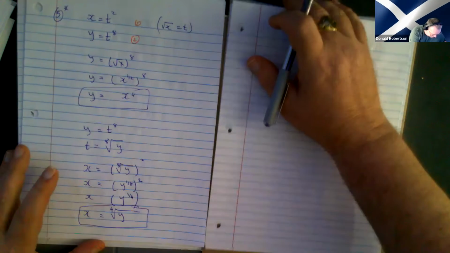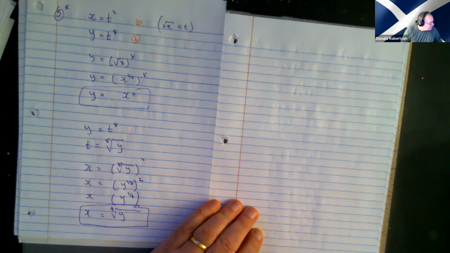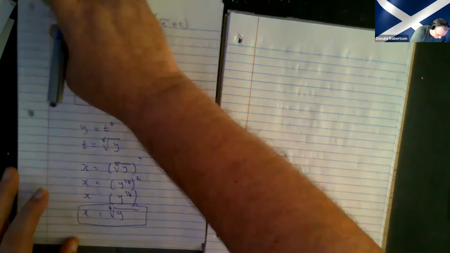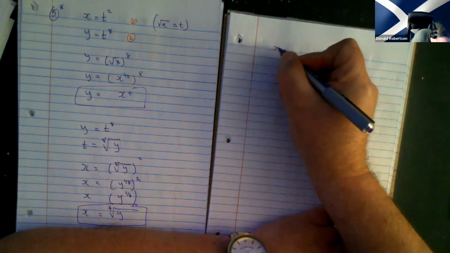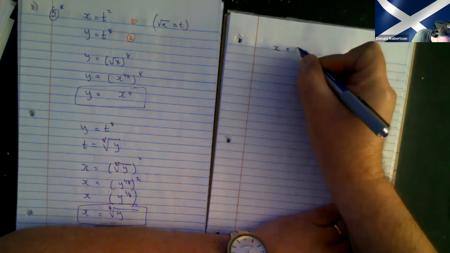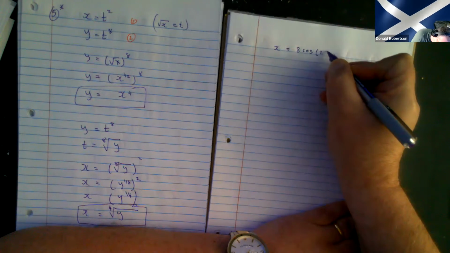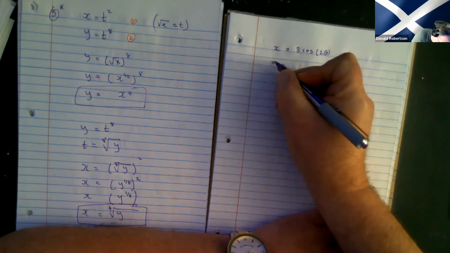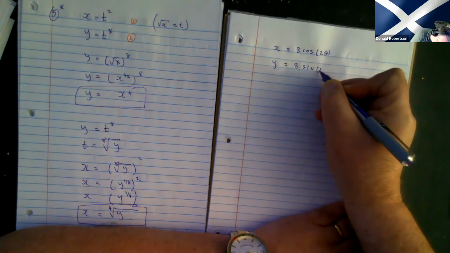Now, sometimes we rewrite our equations using theta instead of t. Very often that's because of things called polar, but they don't need to be because of polar. So suppose I had x equals 8 times the cosine of 2 theta and y equals 8 times the sine of 2 theta.